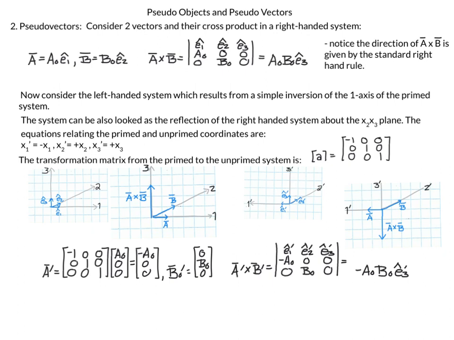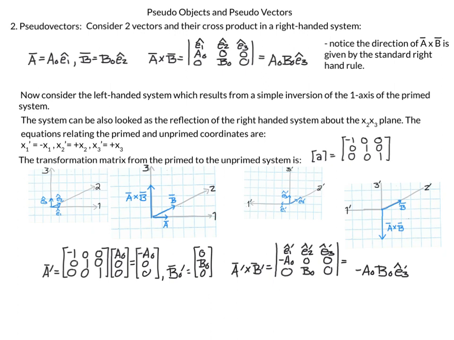So here are my graphs. This is my right-handed system bases, and then here I have an example A and example B. A cross B points upwards. Here I have my left-handed system where my E1 points in the opposite direction. In this case, my A is going to point in the opposite direction, B is here, so A cross B now is going to point downwards.